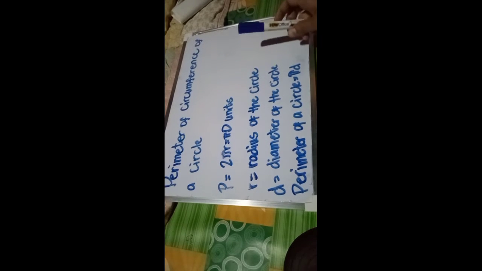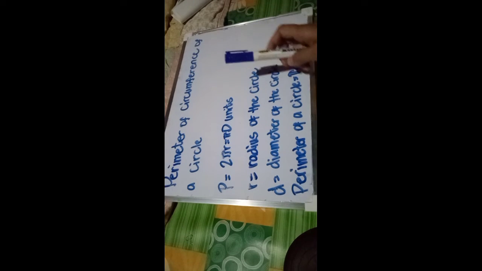Now the perimeter or circumference of a circle. The perimeter of a circle formula is used to find the perimeter of a circle.